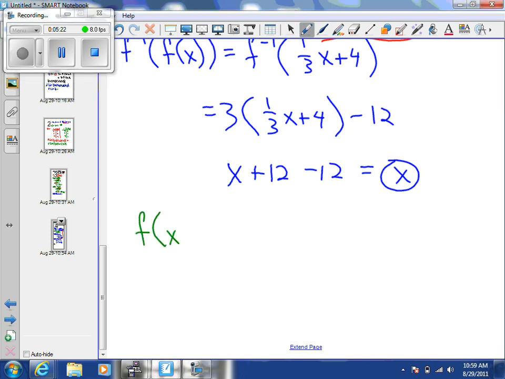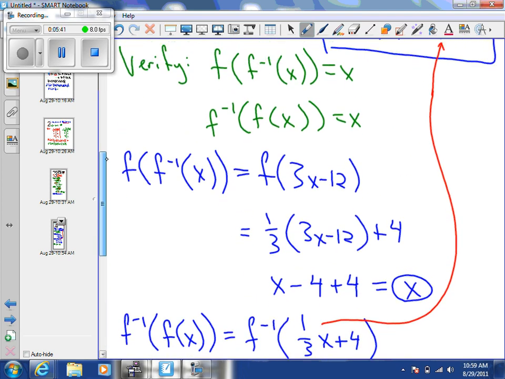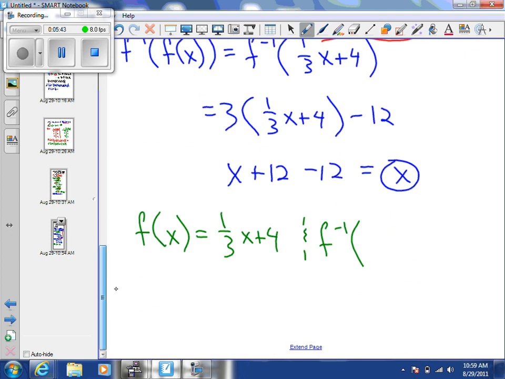So to put it in one spot, I have the function f of x, which was 1/3 x plus 4, and the other function, its inverse, f inverse, which is 3x minus 12. There it is right there.